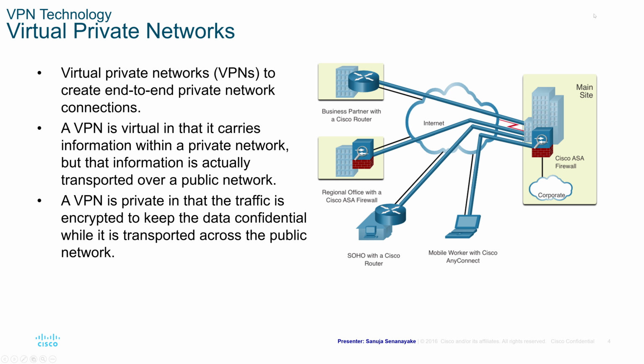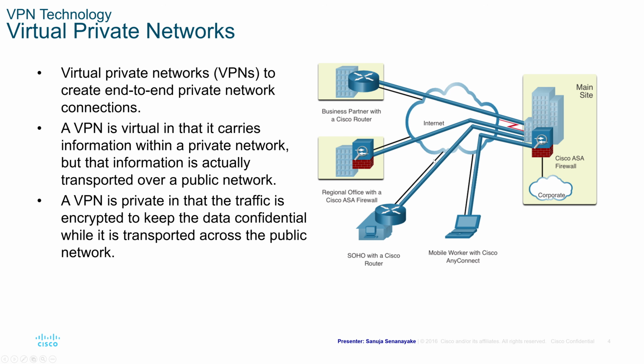So in this example on the right hand side, you have a Cisco business partner with a Cisco router, a regional office with a Cisco ASA firewall, a home office with a Cisco router, and a remote mobile worker with a Cisco AnyConnect client. And all of these end users or end systems are using those VPN tunnels to connect to the main site.